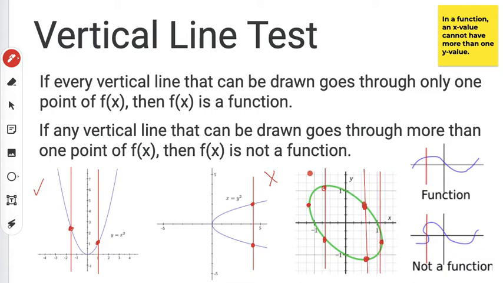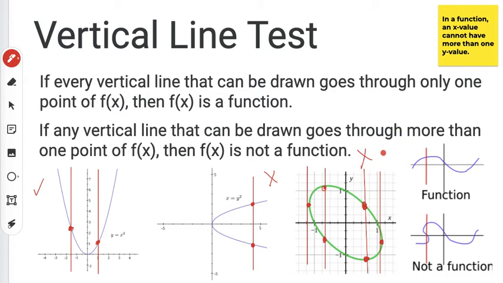So this line only goes through one point, and this line only goes through one point. So then we go back to the vertical line test, because the vertical line test says that if any vertical line goes through more than one point, then it's not a function. And because we have a line where it goes through more than one point, we can safely say that this is not a function.